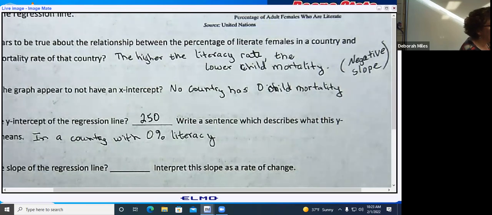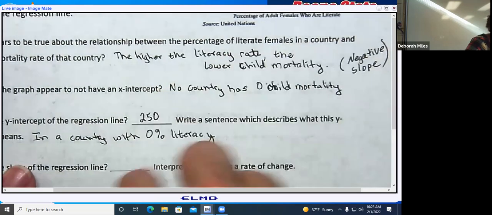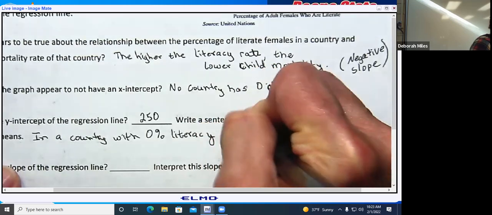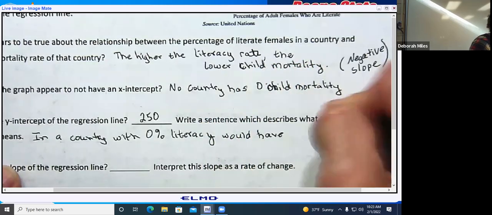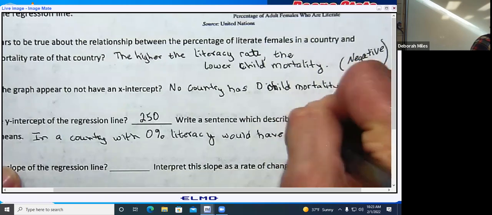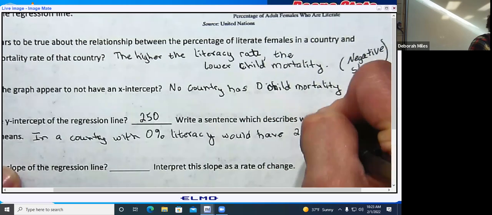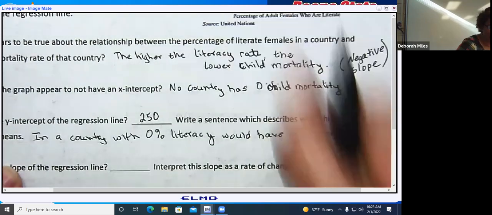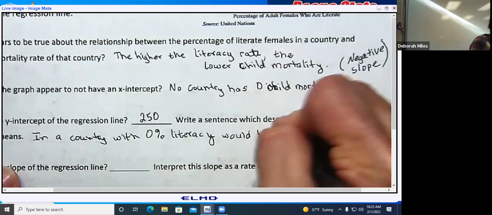The under 5 mortality. A child with 0% literacy would have 250 per 1,000, because that's the units on your y's, child mortality rate.